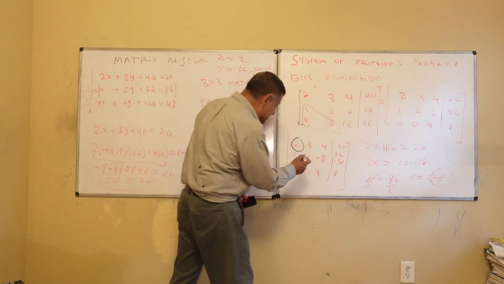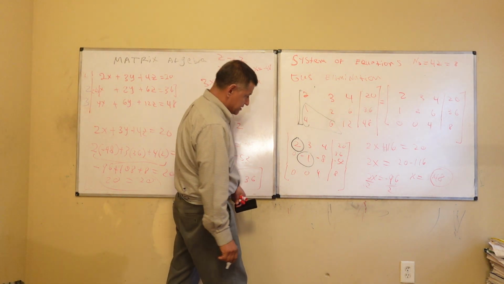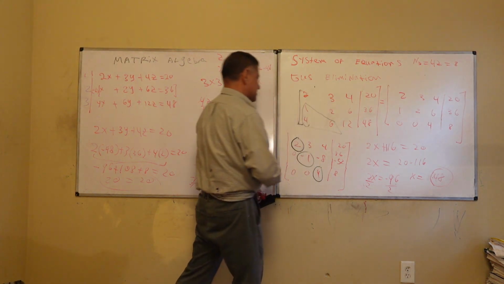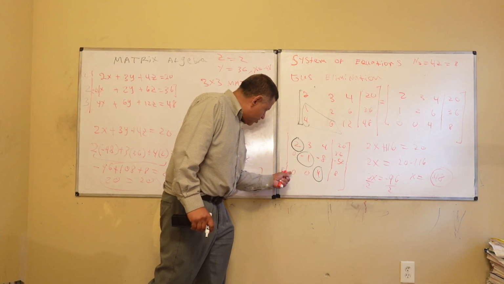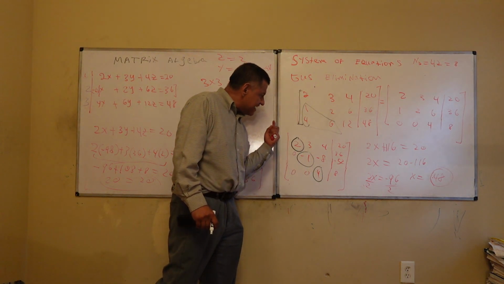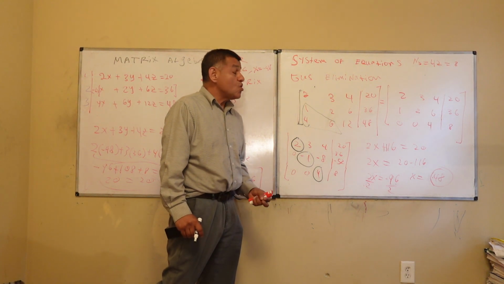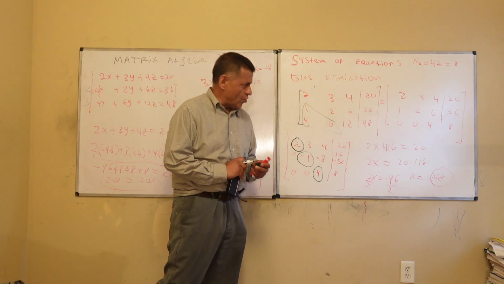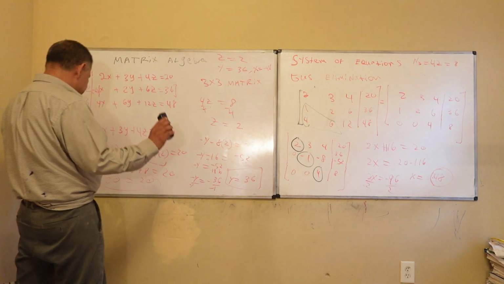We need to make this a positive 1, and we need to make this a positive 1. Once we have the zeros and the diagonal ones over there, we call that row echelon form. Let's do it.